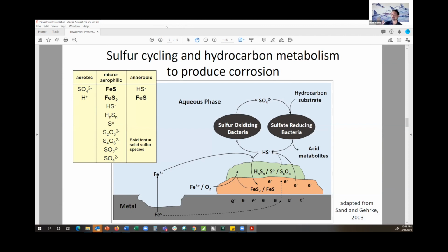And the yellow table on the left-hand side shows the different sulfur species that are present. And so we want to be able to use our sensors to measure these in real time so we can follow dynamic changes.